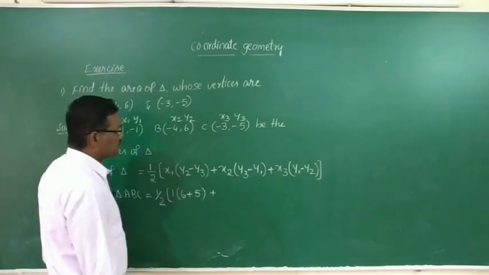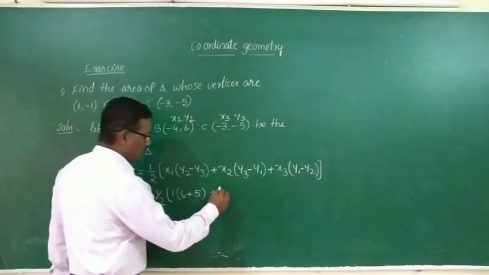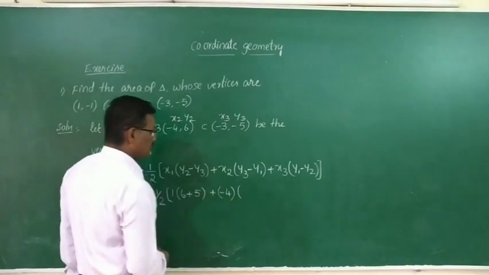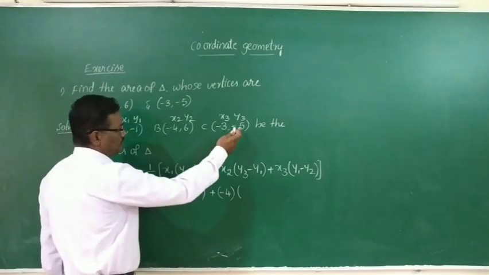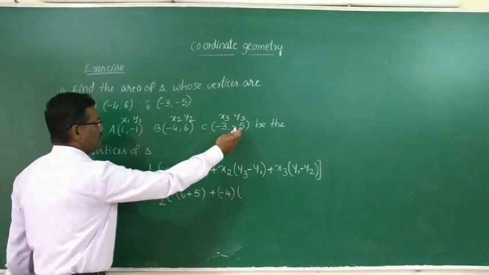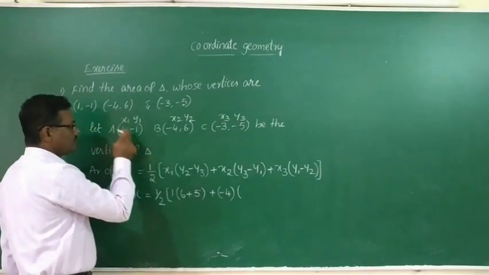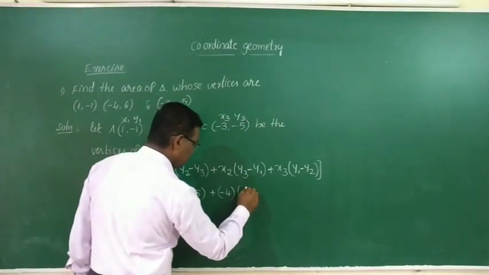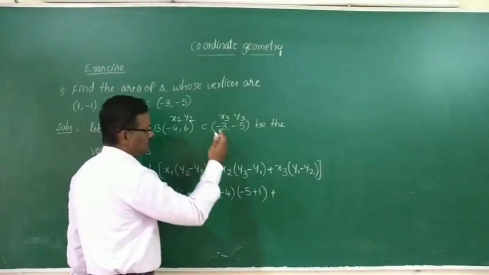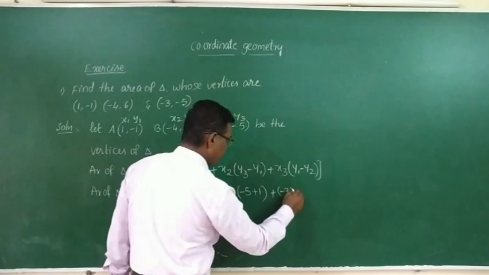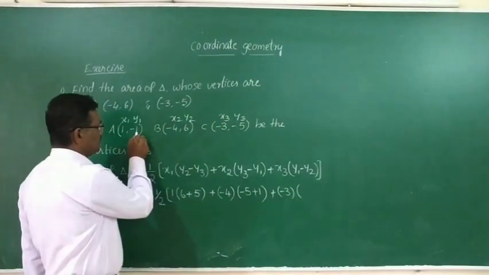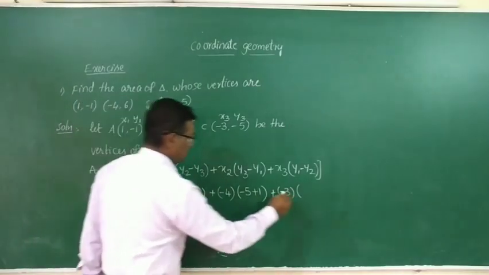Plus x2, x2 is minus 6, minus 4 into y3 minus 5, minus, plus y1, minus 5 minus of minus 5 plus 1, plus x3 is minus 3 into y1 minus y2, 1 minus 6.